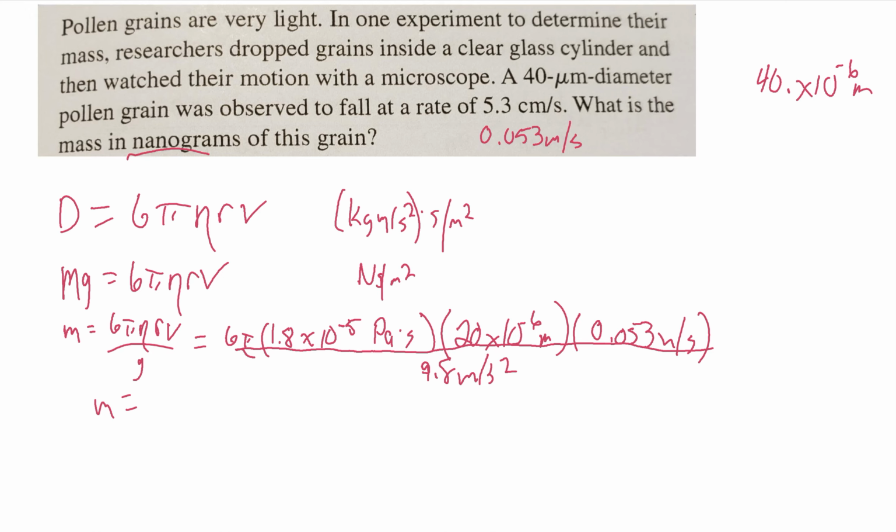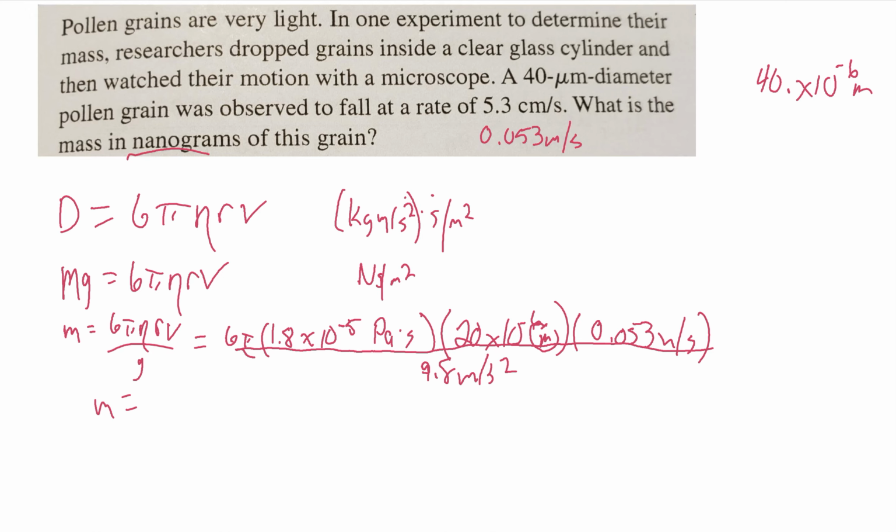The seconds on top disappear against the seconds squared on the bottom, leaving one second on the bottom, which goes away with the other seconds, so the seconds are all gone. I have a per meter squared on the bottom, and I gotta have a meter squared on the top somewhere. Do you see it? There's a meters there.